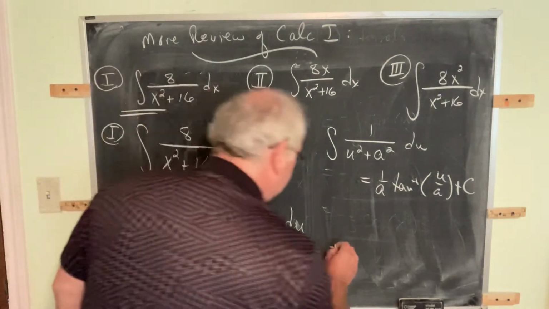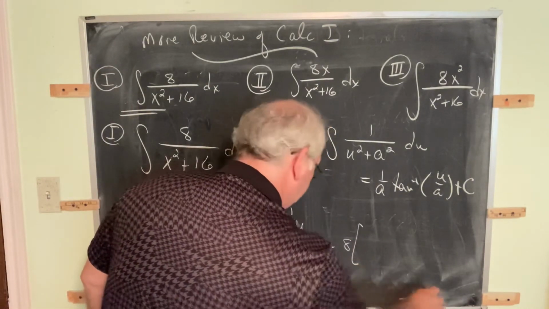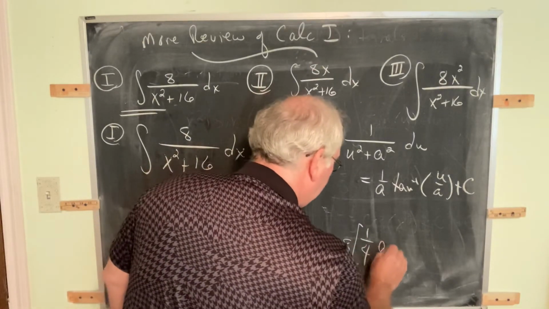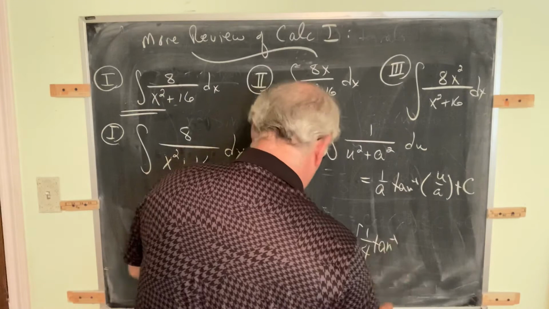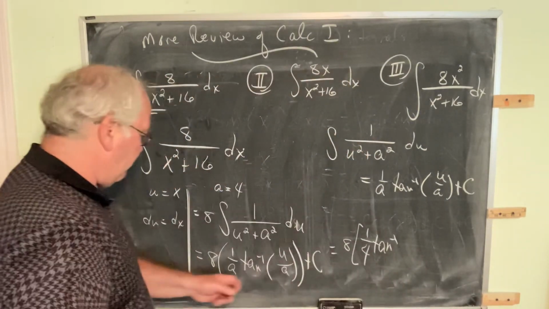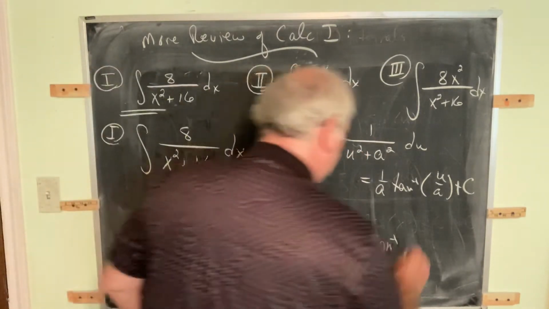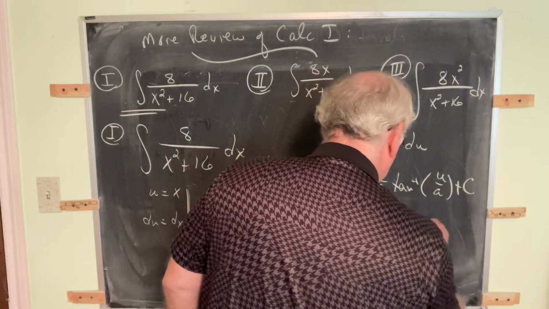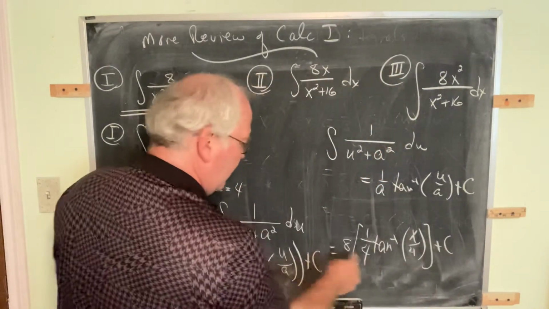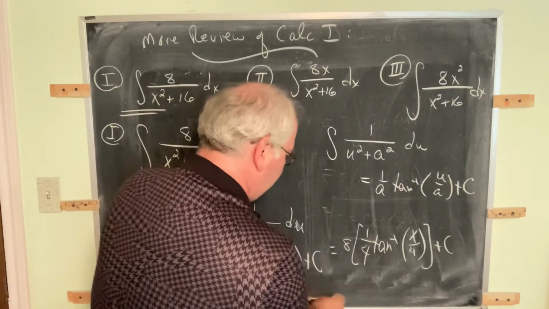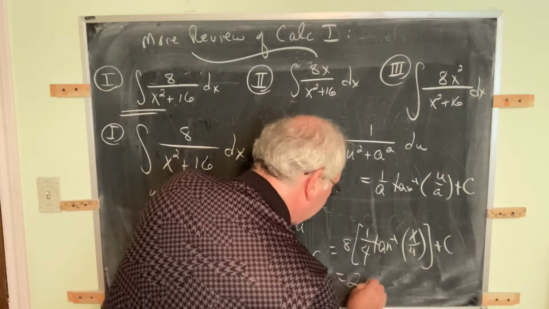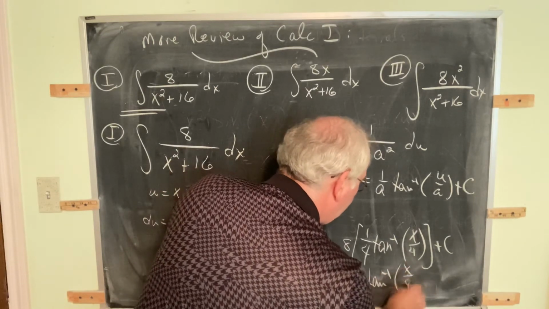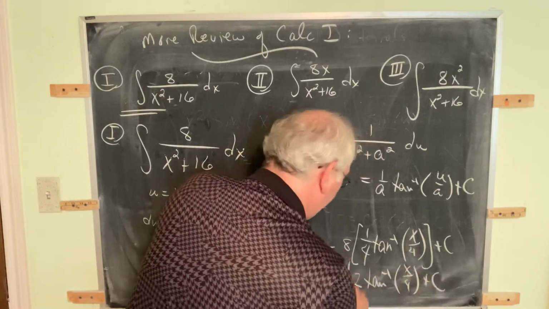So what we have is 8 times 1 over 4 tangent inverse of, what's u in our problem? u in our problem is x over 4. And 8 over 4 is 2. So the final result is 2 tangent inverse of x over 4 plus the constant. We're out.